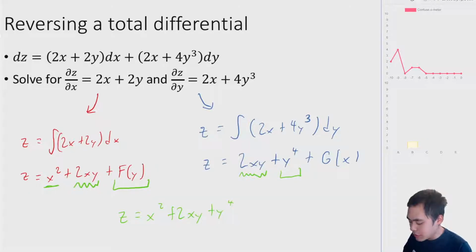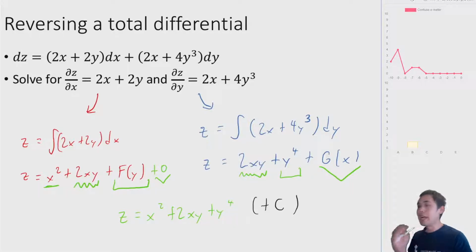And we also have this g of x, which doesn't correspond to anything here, but you can think of it as corresponding to plus 0 here. Okay? And so this gives you z is equal to x squared plus 2xy plus y to the fourth. And you can think of this as plus c, because of course you can add a constant when you're doing these sorts of things and it doesn't change anything. And if you take the total differential of this function, you'll find that this does give you dz back.